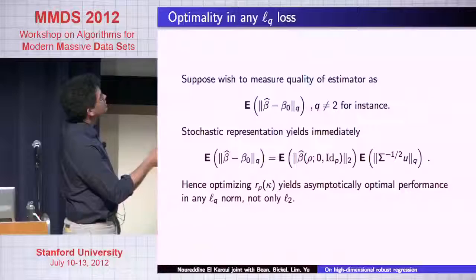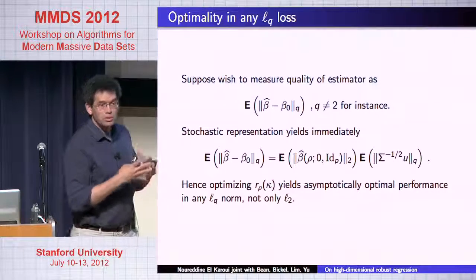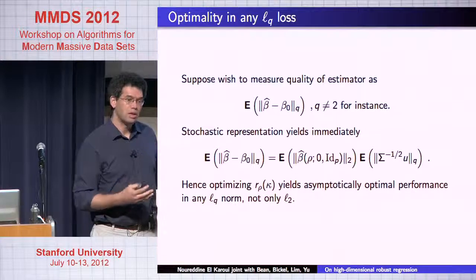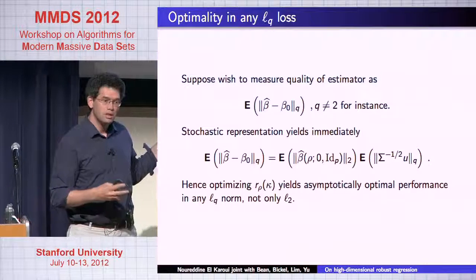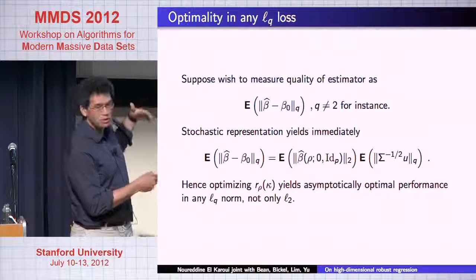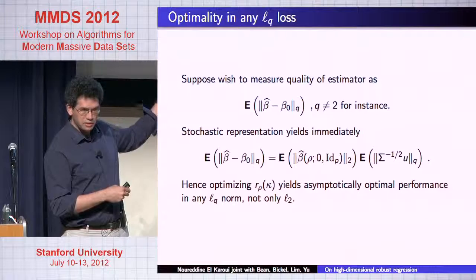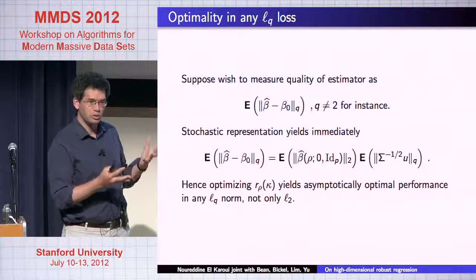Okay, so sorry, I'm going to bring back the slide. So what I said, and that's a question, we can get this for any LP norm, but that's really tied to the Gaussian design, and I can't do this rigorously, even when I can show that the result holds for the L2 norm of beta hat. I can't show that this result extends to the LP norm if I have a non-Gaussian design.